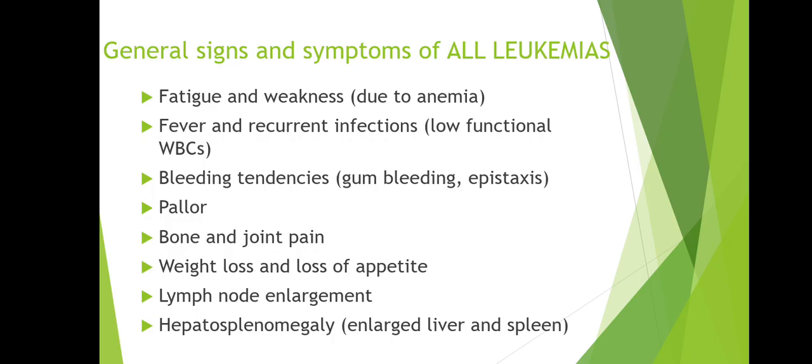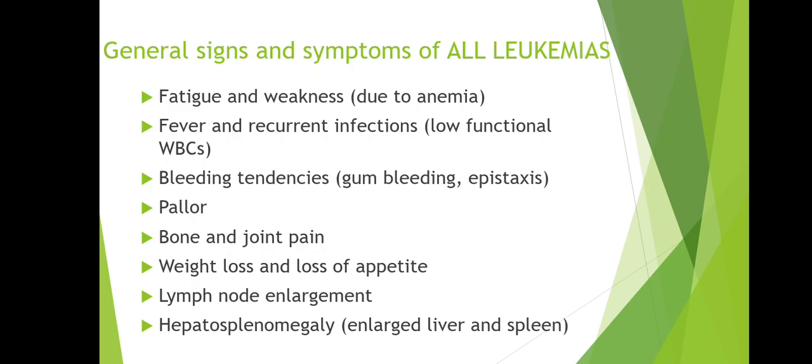Remember I told you that because it proliferates over time, it eats up the space that is supposed to be taken by the normal blood cells. Then we have fever and recurrent infection because the white blood cells are not in their normal state. They are not functioning to capacity. Then we have bleeding tendencies like bleeding gums and epistaxis, because even platelets get affected. Then we have pallor because of anemia.